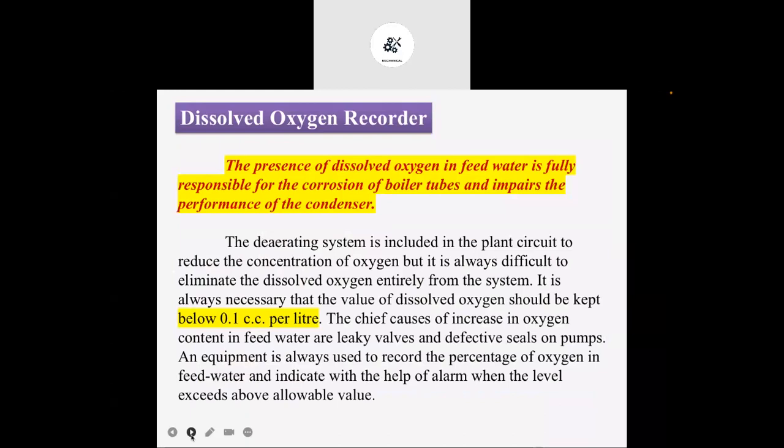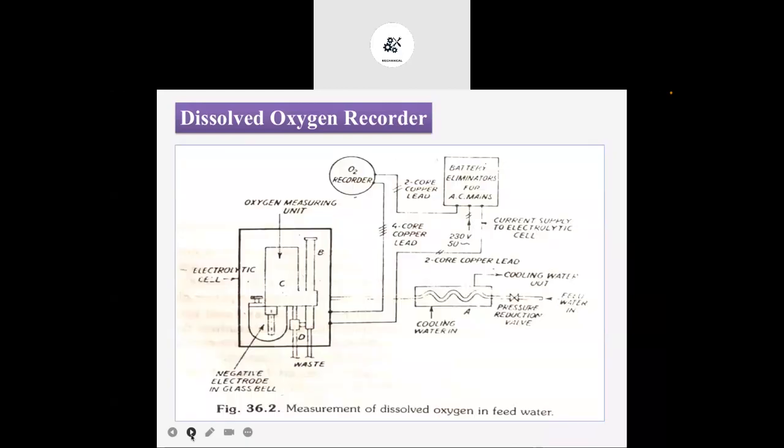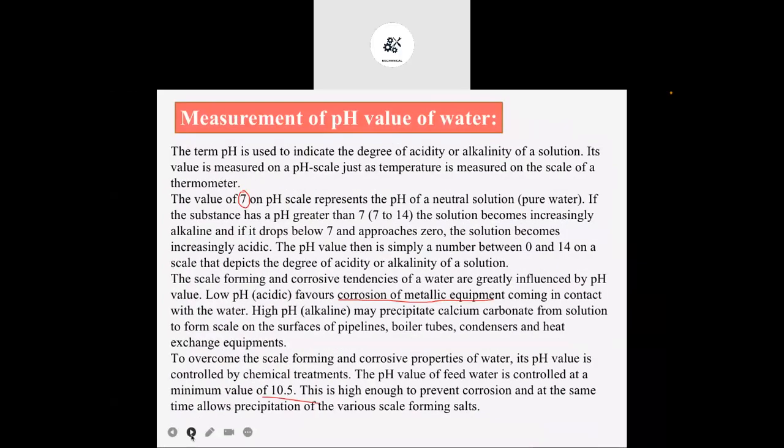In that case, we first saw the measurement of dissolved salt, how much dissolved salt the feed water contains. Then the dissolved oxygen, how much dissolved oxygen the feed water contains. And the third one is the measurement of the pH value of that feed water.